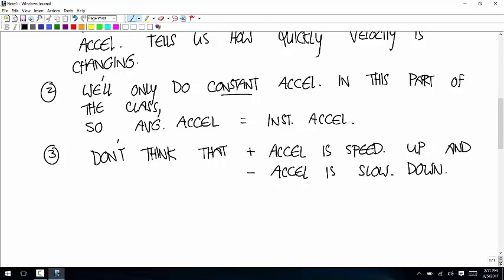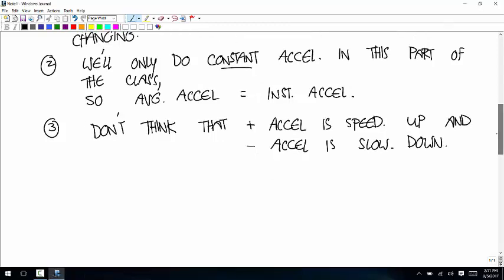Here's how it really works. If the velocity is equal to 0, then the object is at rest. And so if something's at rest, then any acceleration is making it speed up.